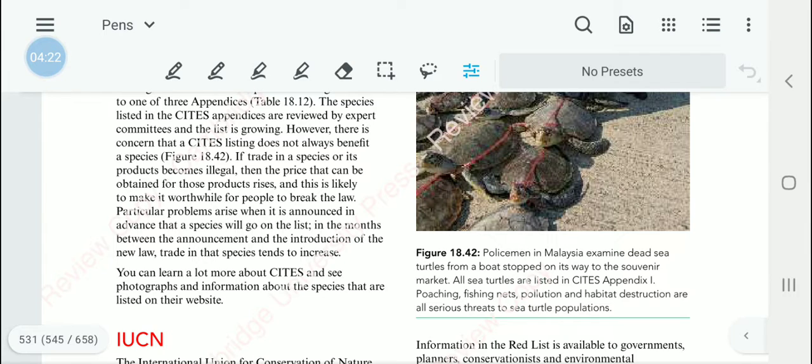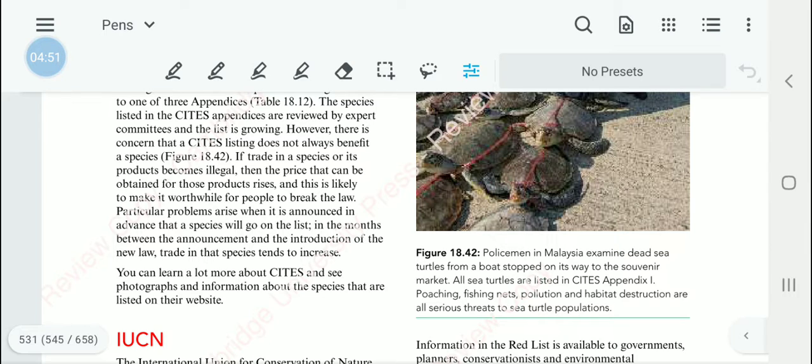Also, when it belongs to appendix 2 or appendix 1, prices increase and there will be more value given to them. Then people are likely to pay a bigger price to obtain them. As a result, that popularity will allow people to earn more money by killing those animals.